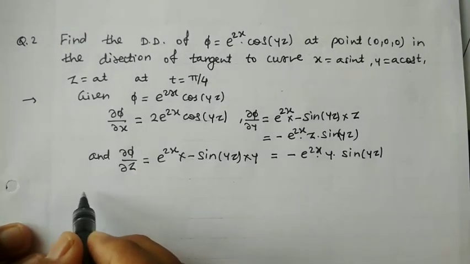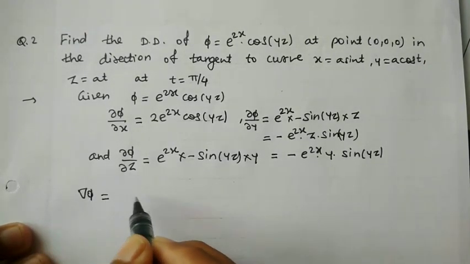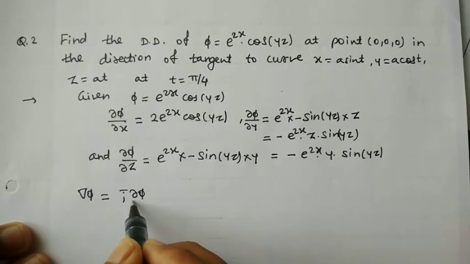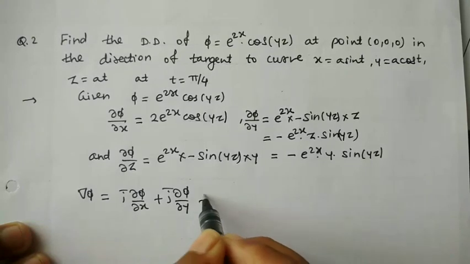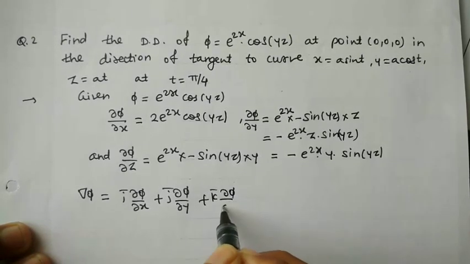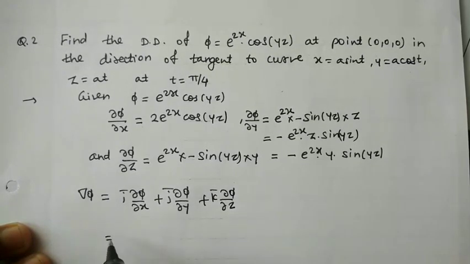Now del phi equals i bar into the partial derivative of phi with respect to x, plus j bar into the partial derivative with respect to y, plus k bar into the partial derivative with respect to z. We just put in the values we already calculated.